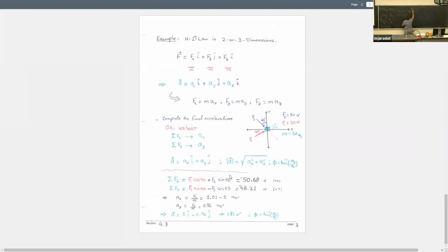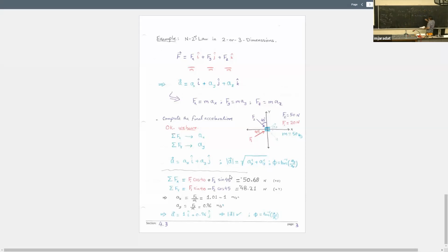We have F as a vector equal to Fx i hat plus Fy j hat plus Fz k hat. The mass is a number for all the directions. We have the acceleration vector also, equal to Ax i hat plus Ay j hat plus Az k hat. We take it from before.